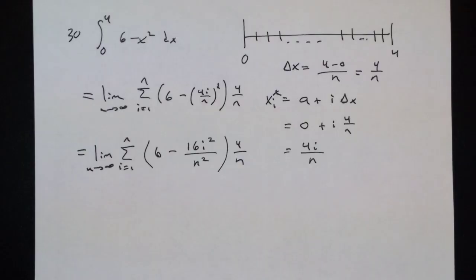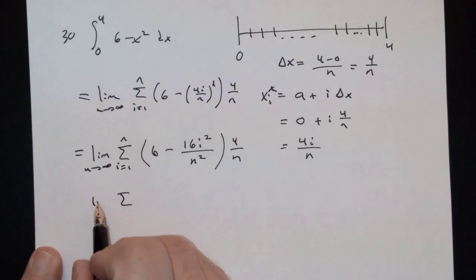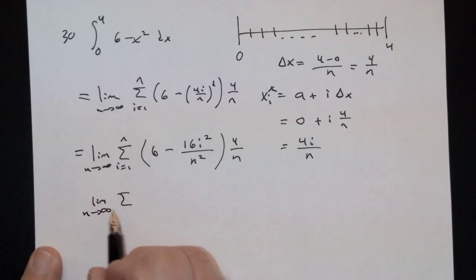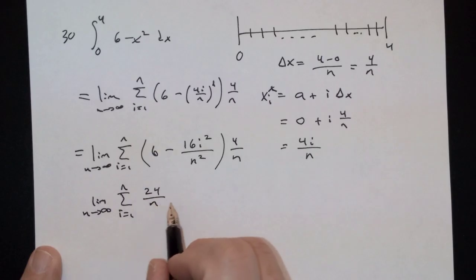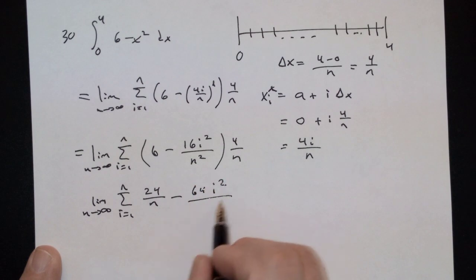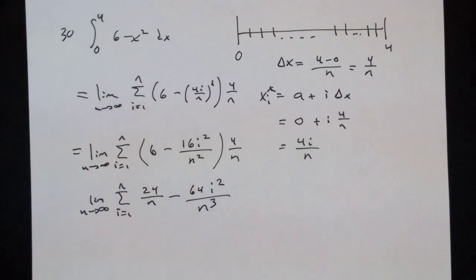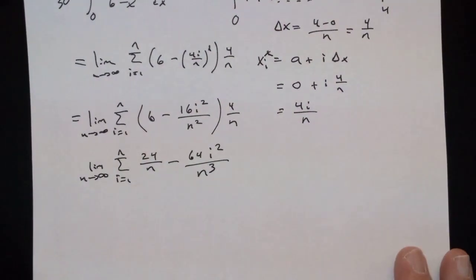Now I multiply in the 4 over n, and I get 24 over n minus 16 times 4 is 64, i squared over n cubed. Okay.